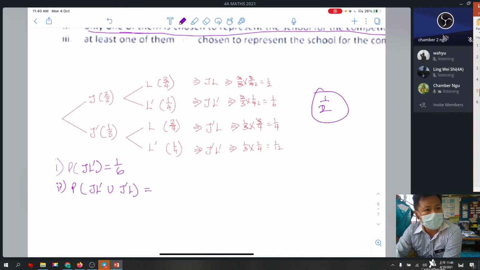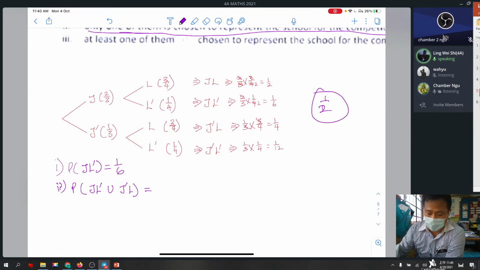How you get 1/2? Rebecca? Have any idea? 1/24. 1/24. Okay. How you get this answer?